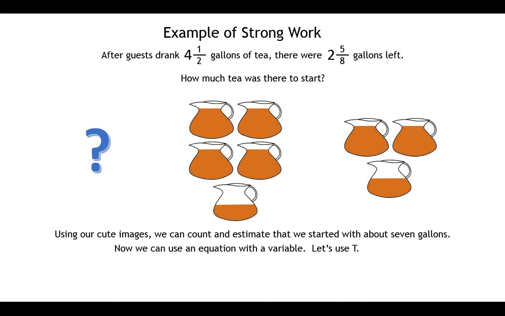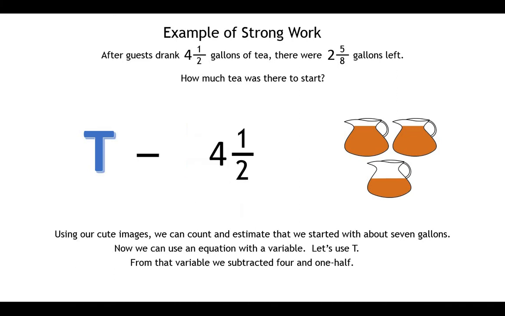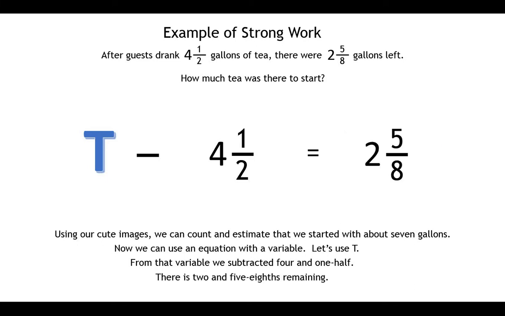Now we can use an equation with a variable. Let's use t. From that variable, we subtracted 4 1/2. There is 2 5/8 remaining. Now we have an equation that we can solve.